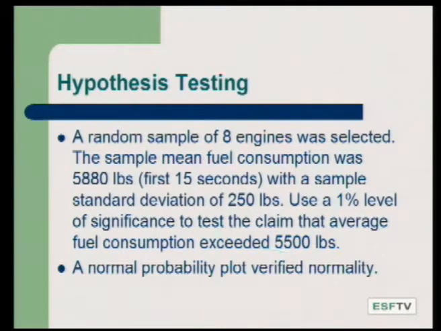So let's look at our first problem. A random sample of 8 engines was selected. The sample mean fuel consumption was 5,800 pounds for the first 15 seconds, with a sample standard deviation of 250 pounds. Using a level of significance of 1%, we want to test the claim that the average fuel consumption exceeded 5,500 pounds.